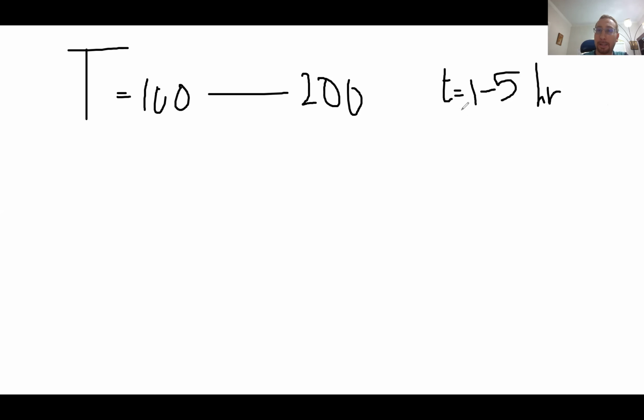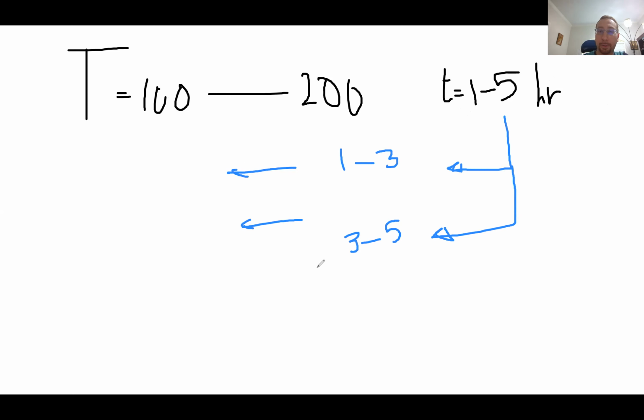But now let's say, and this was one block, it covers composites in this range and this range. Now we can split this block into two blocks: one in which time varies between 1 and 3 hours, the other between 3 and 5. Or we can even split it into 3 blocks: 1 to 2 hours, 2 to 4 hours, and 4 to 5 hours.